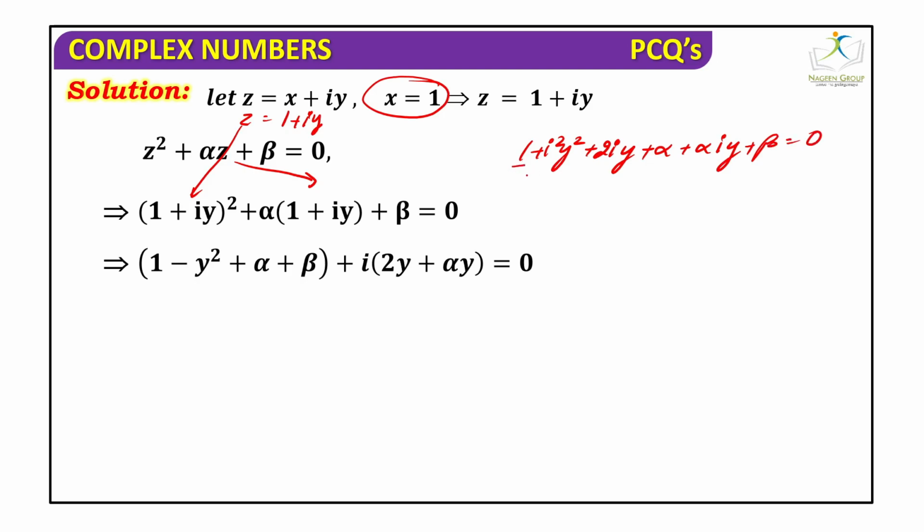From here 1 minus y square plus alpha plus beta plus 2 iota y plus alpha iota y equal to 0.